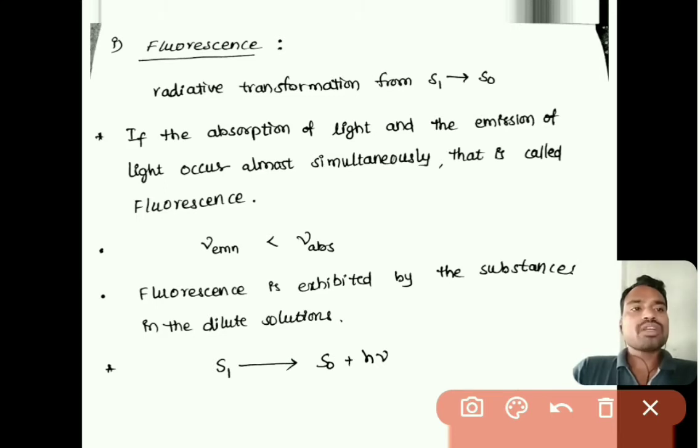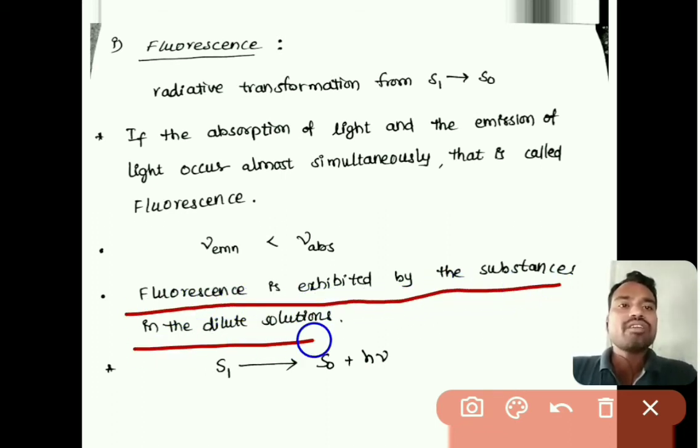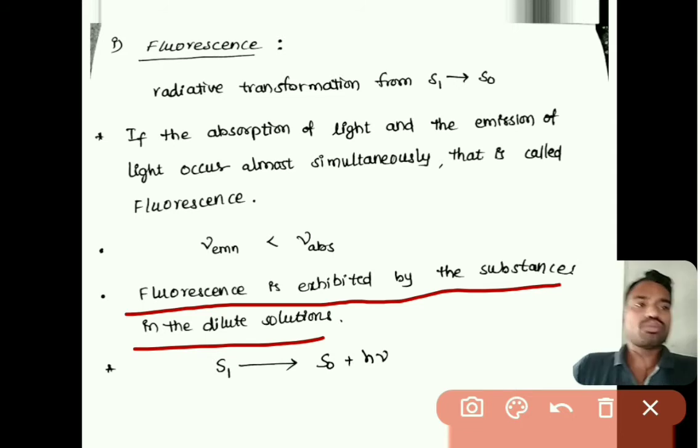That's why both absorption as well as emission take place simultaneously. So that is what is called fluorescence, right? Fluorescence is exhibited by substances which are in dilute solutions. Most substances exhibit fluorescence when they are in dilute solutions, right?